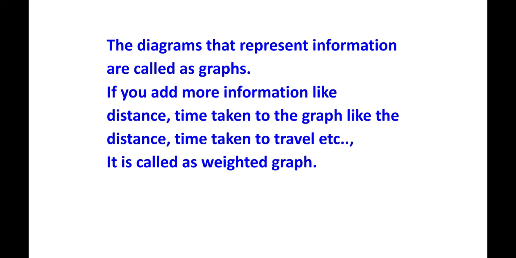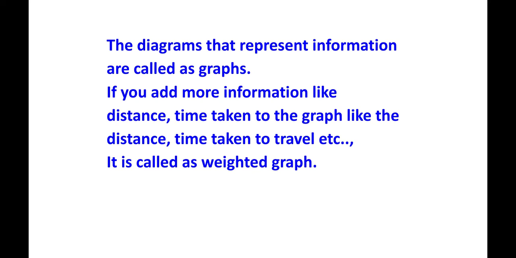If you add more information to the graph, like the distance or time taken to travel, it is called a weighted graph. What is the extra information? Distance. How many kilometers it takes to reach school from your home, or the time taken.